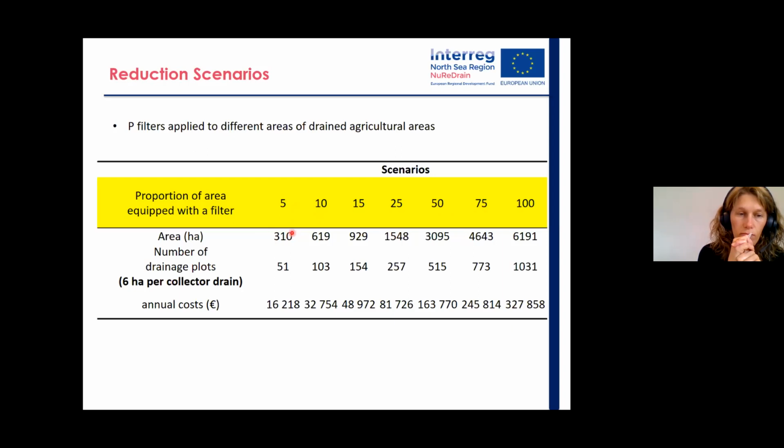These were total areas of 300 to 6,000 hectares, and the number of drainage plots were from 51 to 1,000. This was calculated by the assumption that approximately 6 hectares of agricultural land is drained by one collector drain. The annual costs ranged from 16,000 euros to 300,000 euros between the scenarios. I hope this is quite clear how we applied these scenarios.